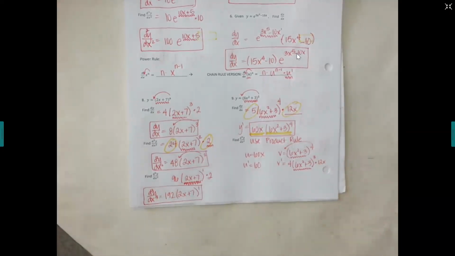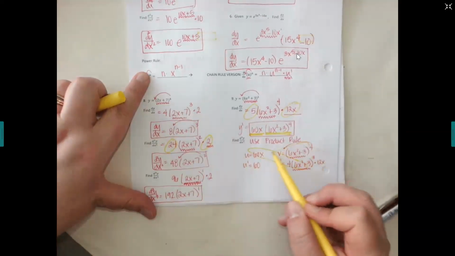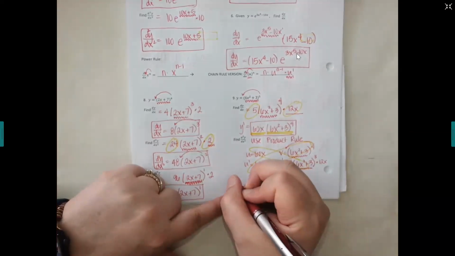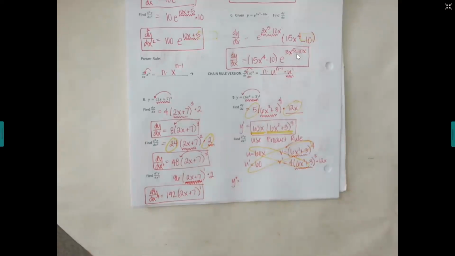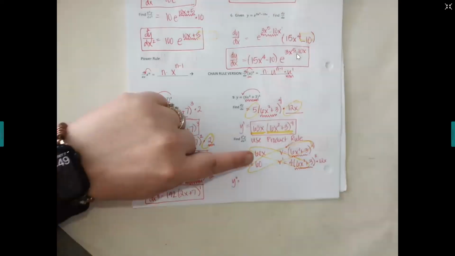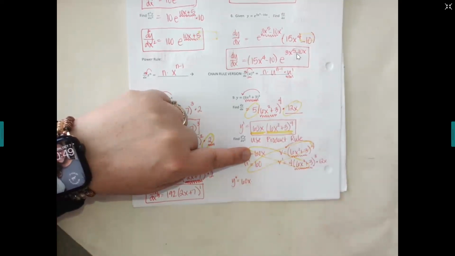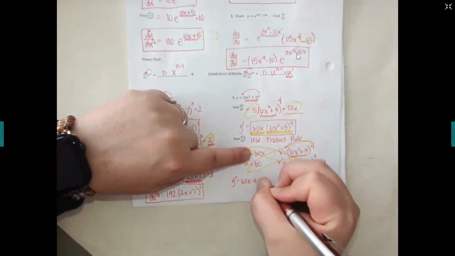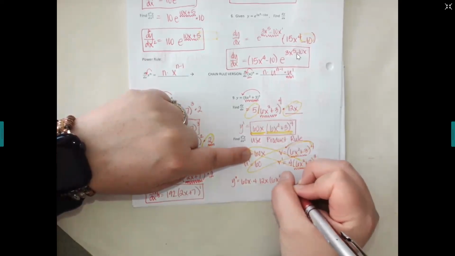So here's my cross product. I'm gonna have this plus this. So let's write it. Actually, let's just put y double prime, just because it's easier. We know it's the same as the second derivative. Okay, I'm gonna have 60x times 4 times 12x times 6x squared plus 3.